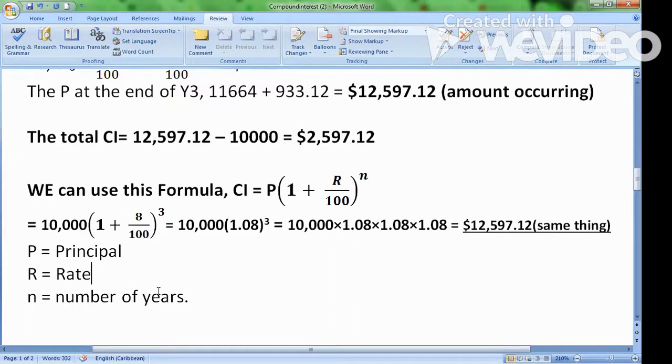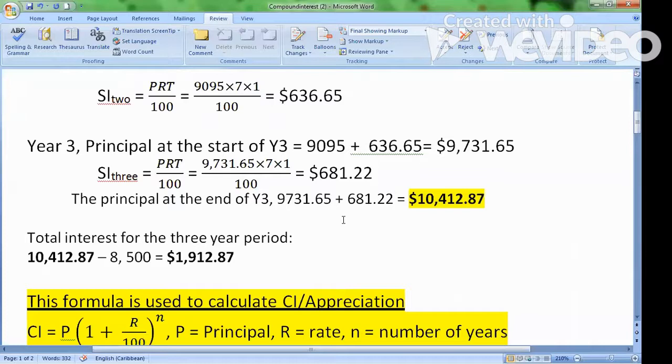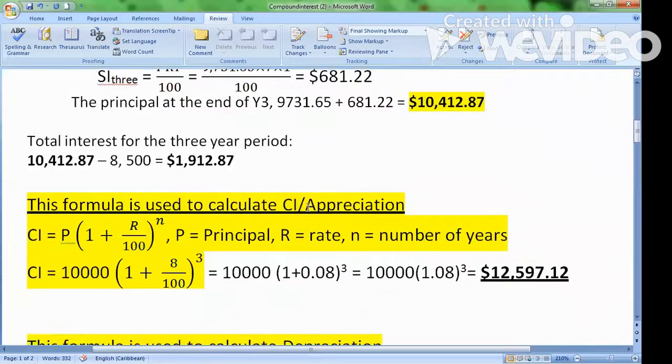Now, sometimes they use the word appreciation. Appreciation and compound interest mean the same thing. So sometimes you wouldn't see the word compound interest, but you'll see the word appreciation.